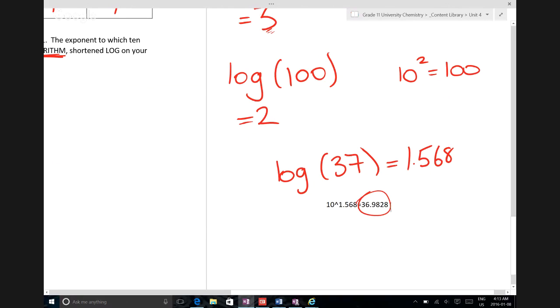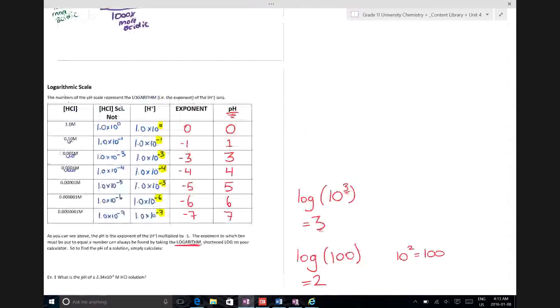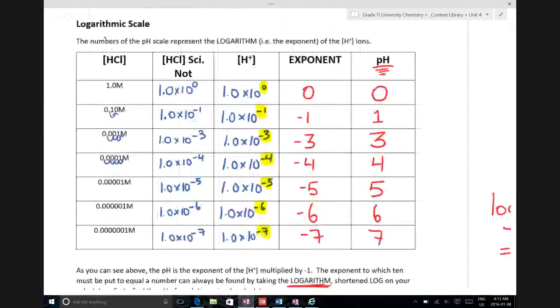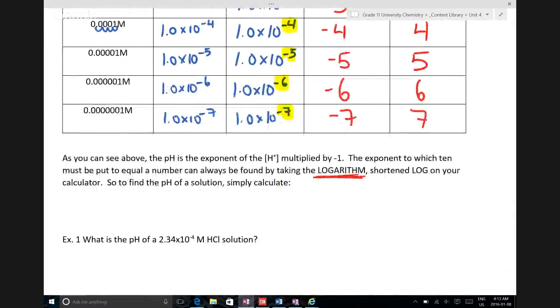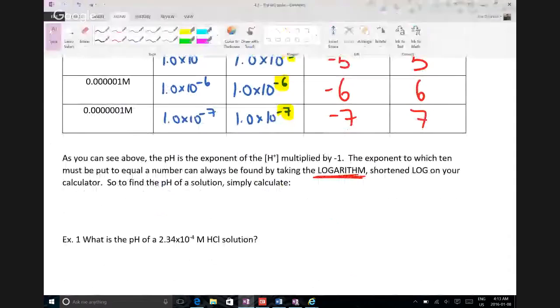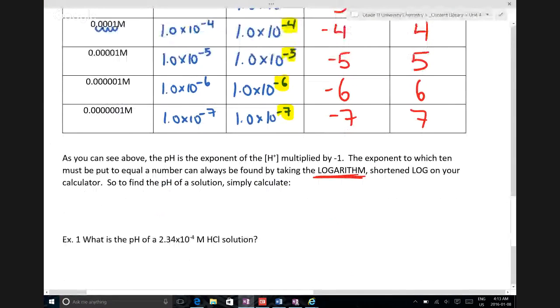So a logarithm tells you this exponent. And remember, that's great because all we have to do to find the pH is find the exponent and then switch its sign. So the formula for pH is pH equals the negative log of the concentration of H plus ions.